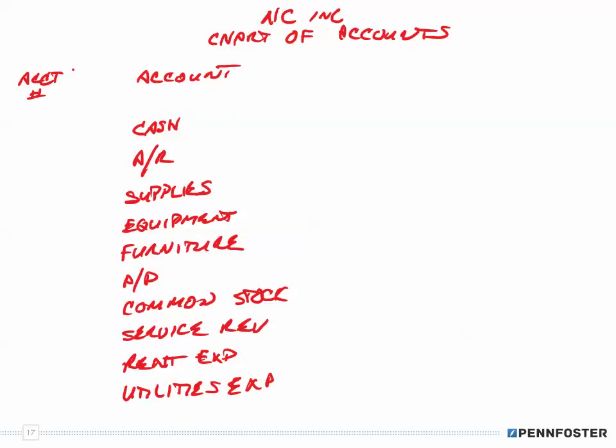Okay, so you would include the account number.